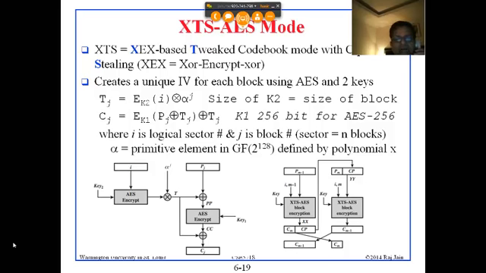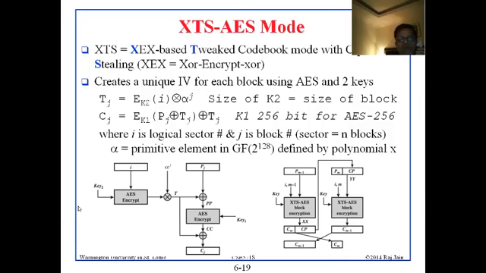Okay. So for example, what we do is we get a value T. First we have a counter I, and that counter is encrypted with a key. If you look at the picture below, you see that the counter I is encrypted with key 2. And it is exclusive OR with alpha raised to j.